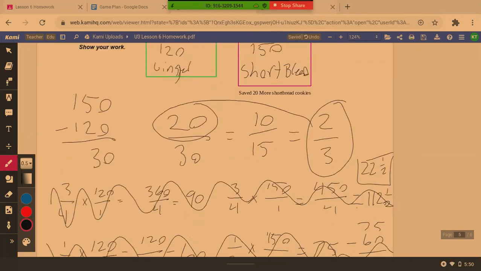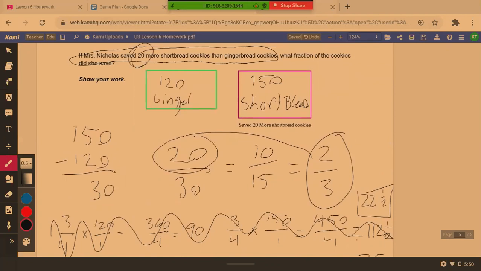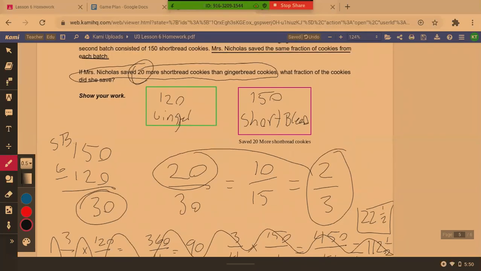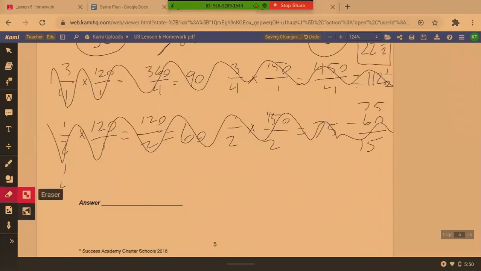Okay, well then let's go with our original. We got 2/3 because the difference between shortbread and ginger is 30. And we did the amount she had left over, the difference, and we got 2/3. So what would happen if I wanted to check my work and did 2/3 times 120?